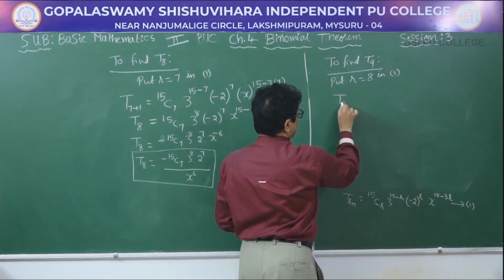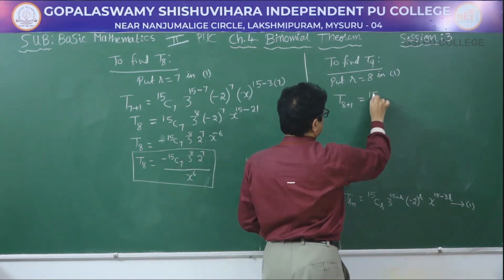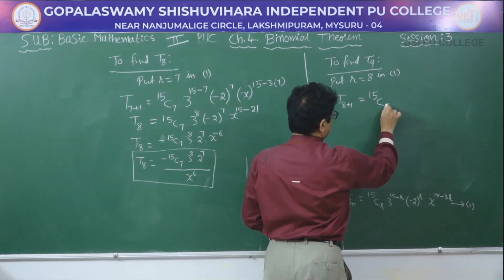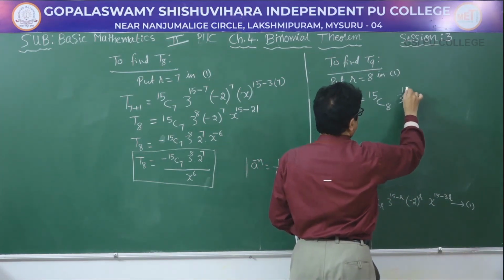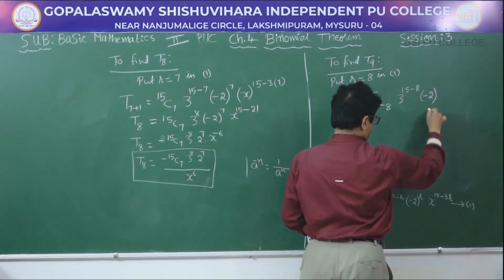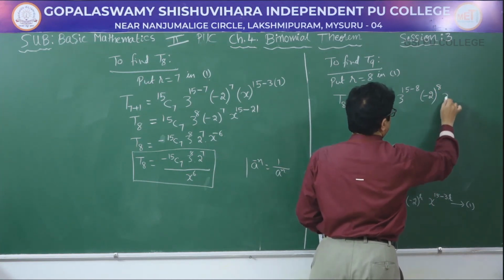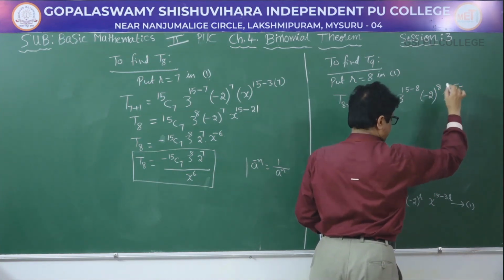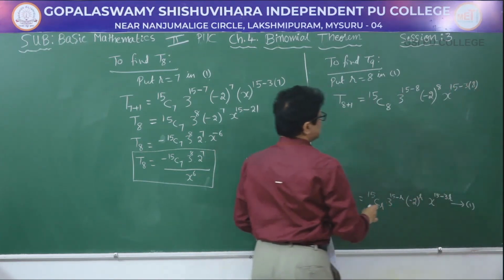So, we get T(8 plus 1) is equal to 15C8 into 3 power 15 minus 8 into (minus 2) power 8 into x power 15 minus 3 into 8.